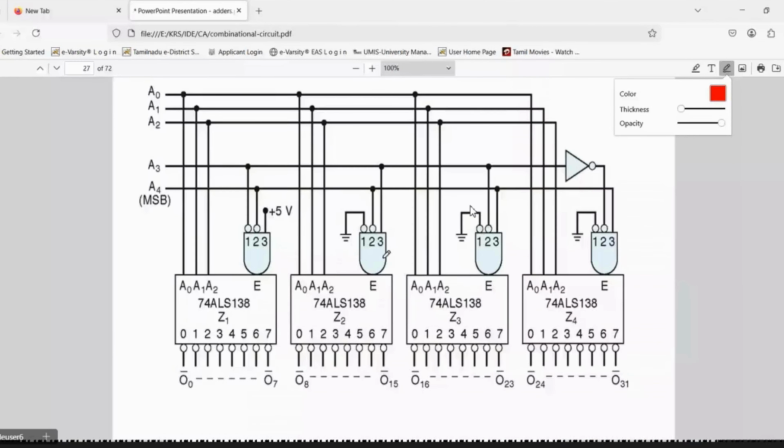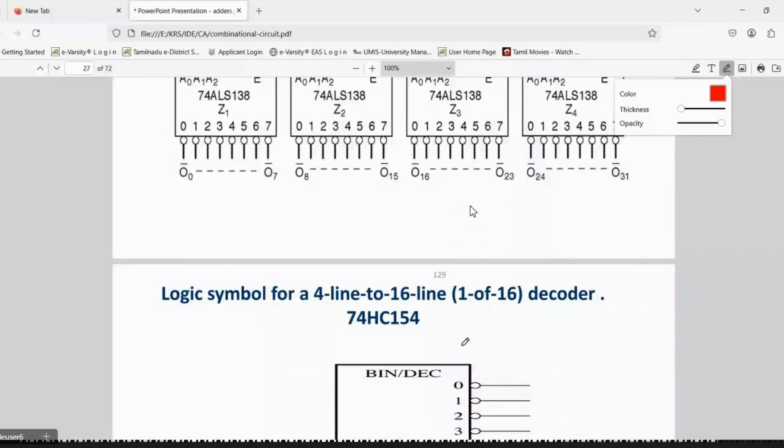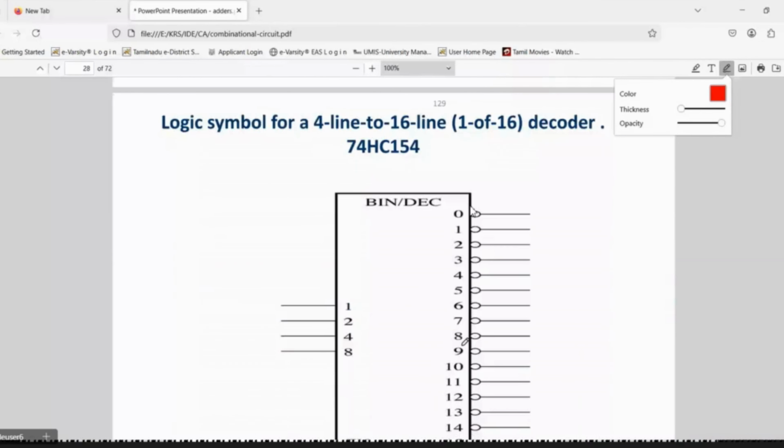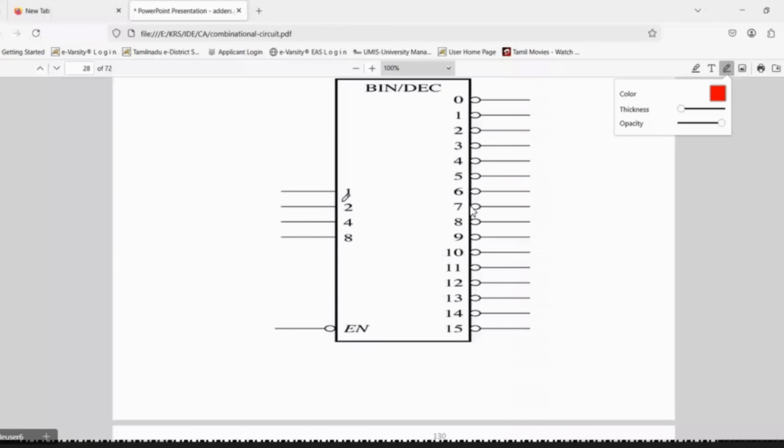And this is the block diagram of a 4 line to 16 line decoder, 4 inputs and 16 outputs.